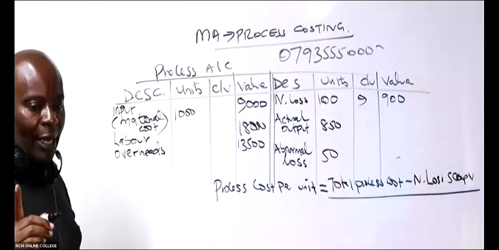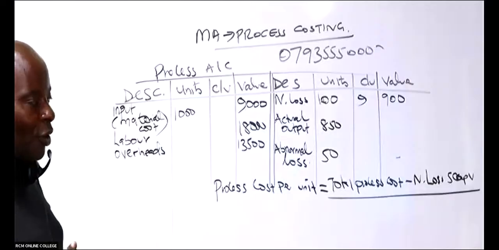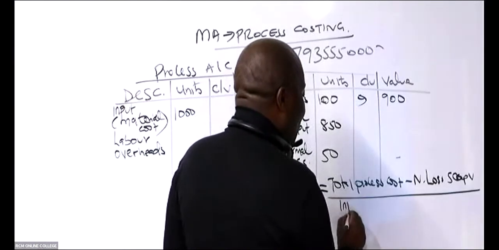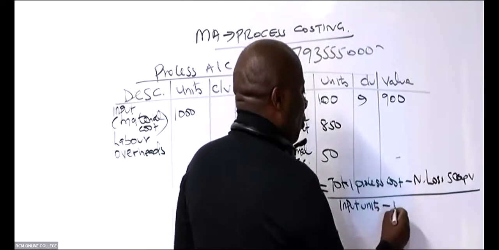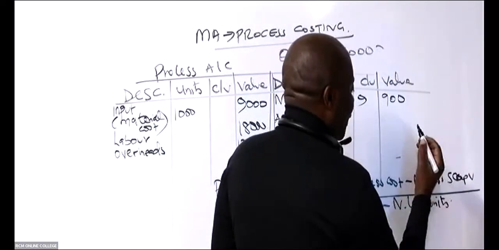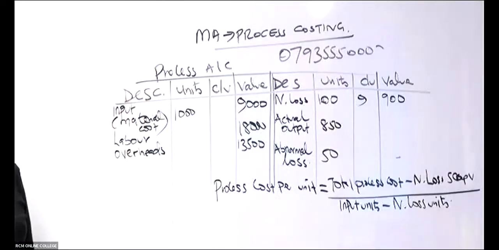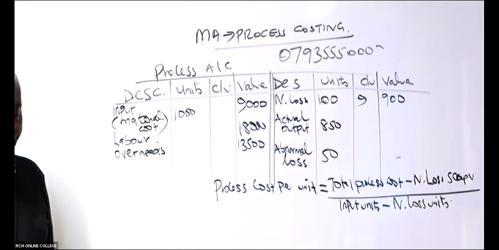Please listen, I'm bringing in something new because now we are becoming professionals. As we get along with this, divided by input units minus normal loss units. This is the formula we shall be using consistently, especially now that we are going to what we call work in progress.